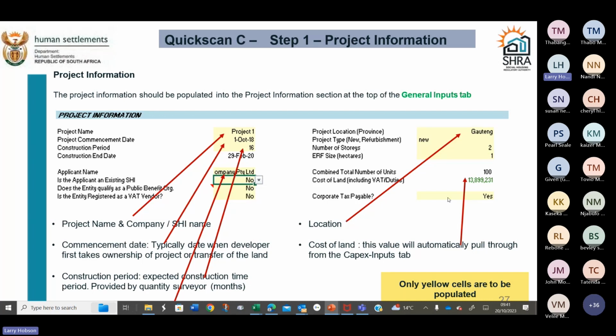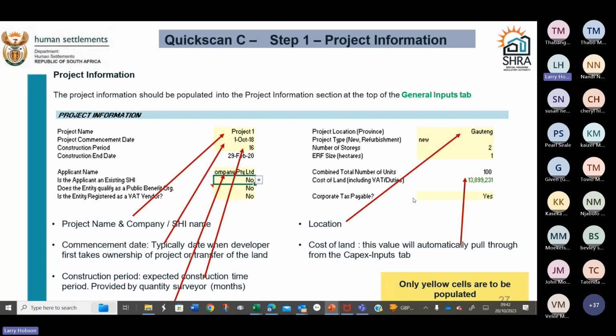Number of units, you enter that. Okay, your cost of VAT you will see that's not in yellow. That comes through the other inputs that you've done. But do you have to pay corporation tax? An ODA generally will have to pay corporation tax, but a social housing institution who's a public benefit organization will answer no to that question.